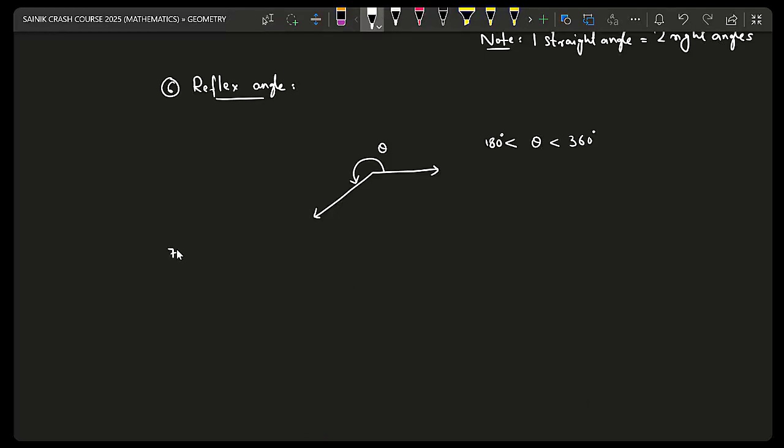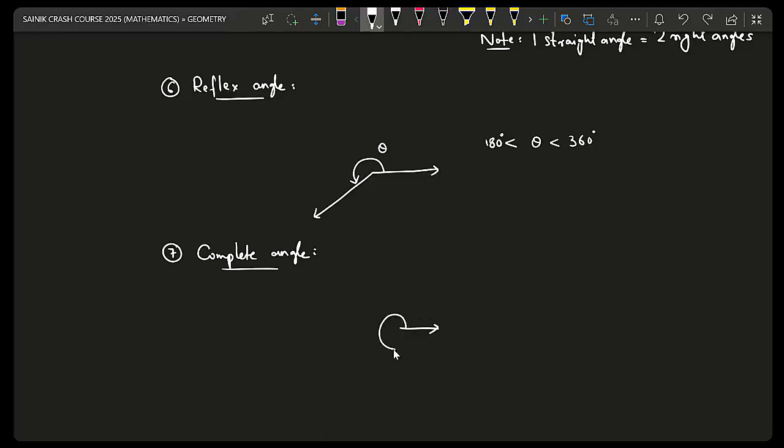And next, after that, the complete angle. This is the last one. The initial arm is here, then it starts rotating, and after complete rotation it reaches the same initial position.